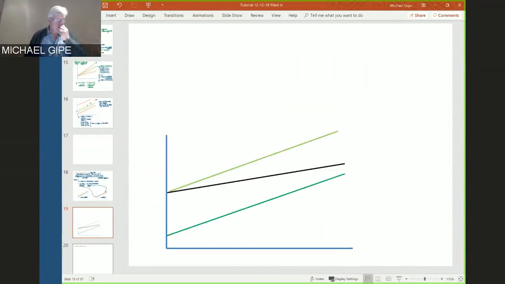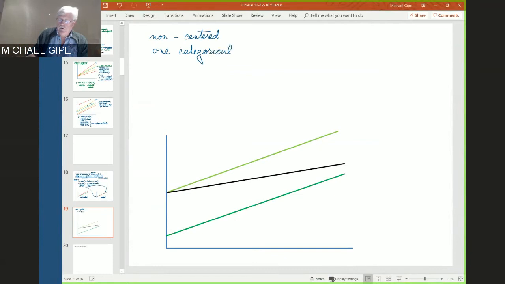Let's see. This is a non-centered case. If you have a categorical with two states, this is just something to remember. You can do this with a centered case as well, but in this example, we have one categorical with two states. JMP likes to treat them as a value of +1 or -1.